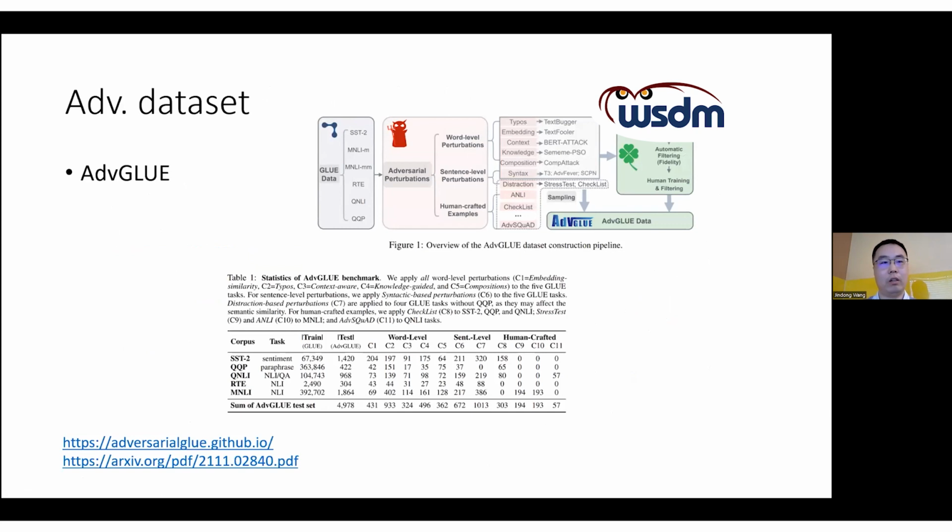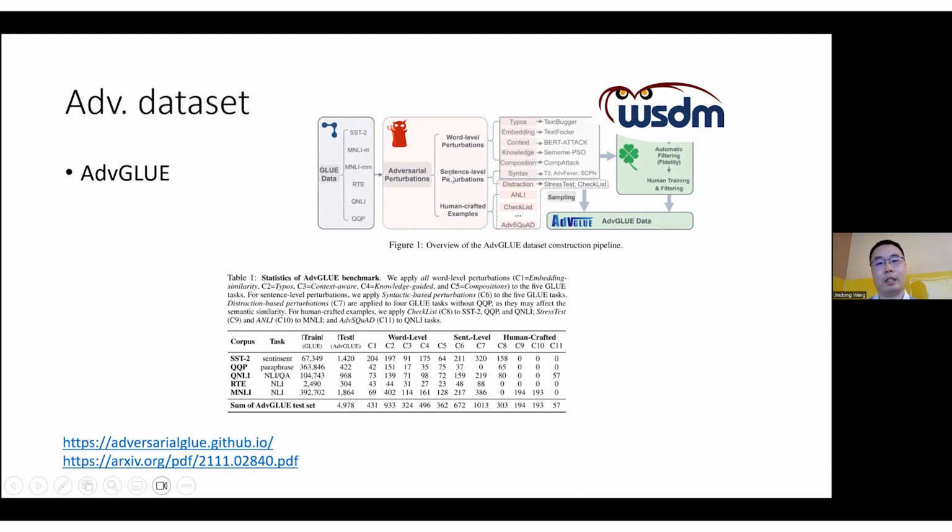And a little about the dataset, because the adversarial datasets are not very familiar to most of you. It is the AdvGLUE dataset, which consists of different parts of the GLUE datasets like SST and MNLI, etc. The adversarial perturbations here are generated at different levels. Word level: maybe add some typos and some context and some different external knowledge to your input to generate adversarial examples.